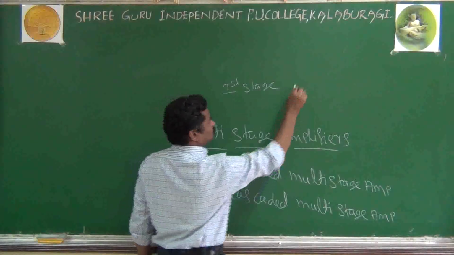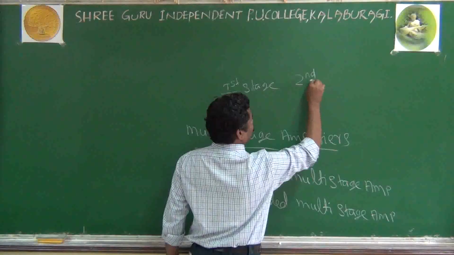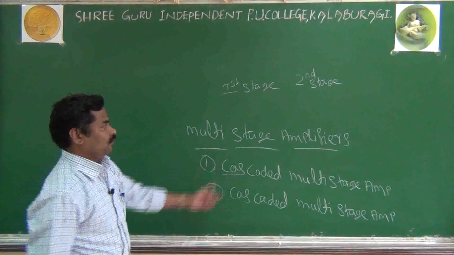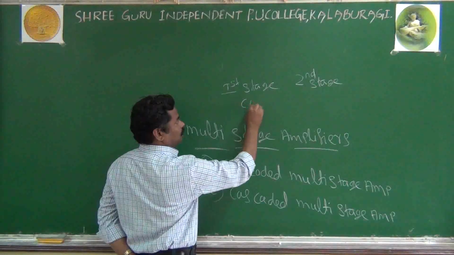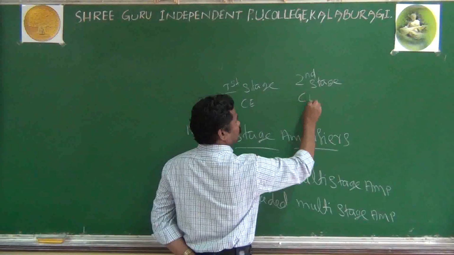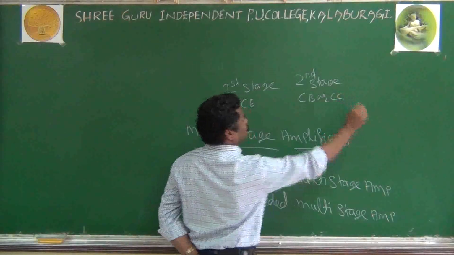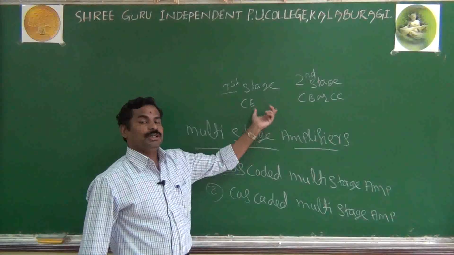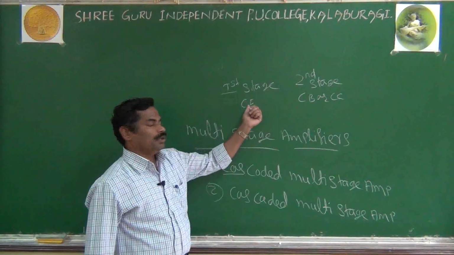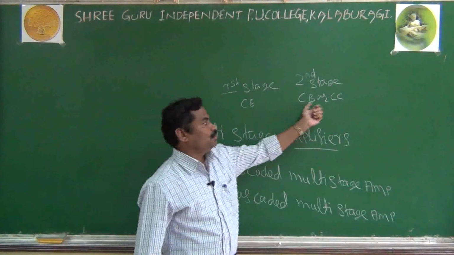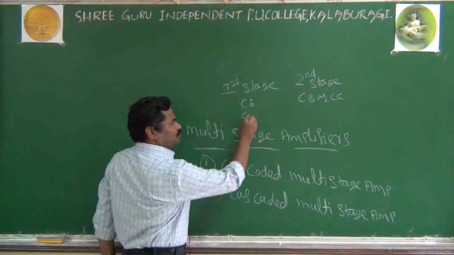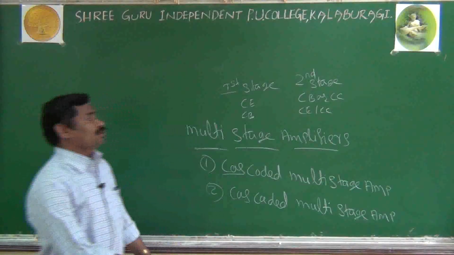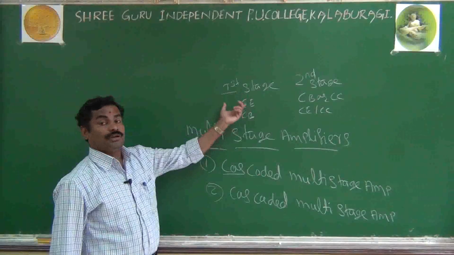Here in the cascode, the first stage may be common emitter, and the second stage may be common base or common collector. You are not using the same type of amplifiers. Or the first may be common base, and the second common emitter or common collector. Also, an important thing, you are using couplings.